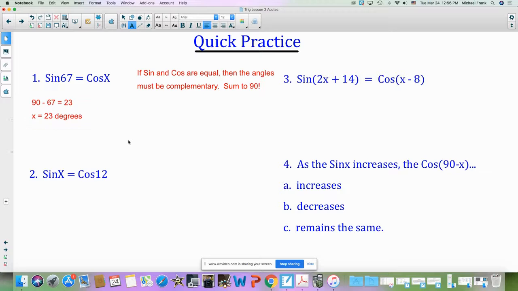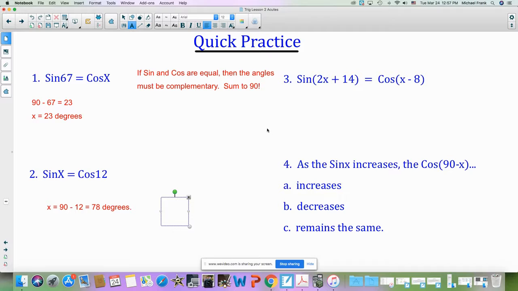Simple as that. And the same with this problem over here: x is going to be equal to 90 minus 12, because they must be complementary if the sine of one angle is equal to the cosine of the other, which is going to be equal to 78 degrees.